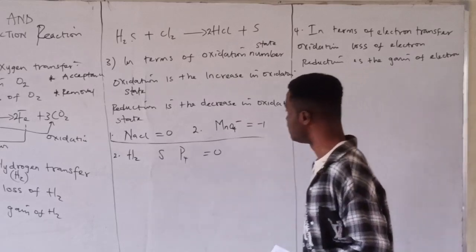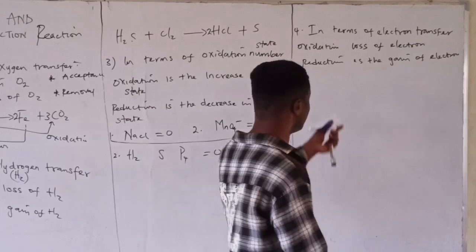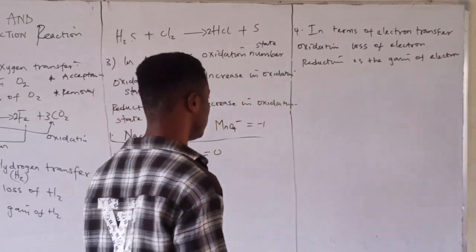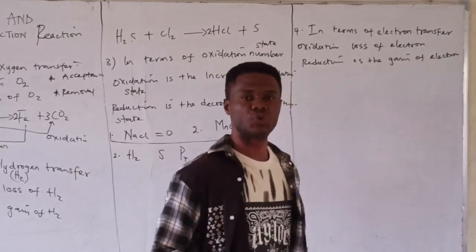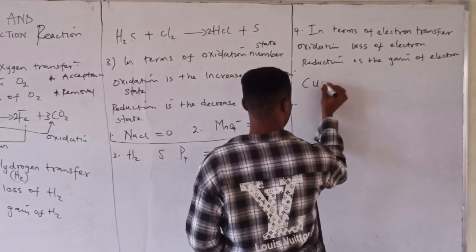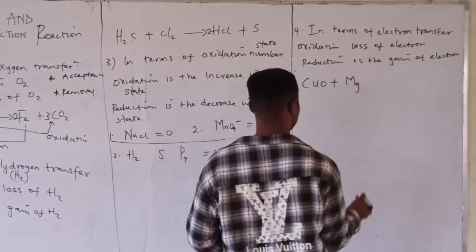So we are going to look at a few examples and see how oxidation and reduction occurred in that reaction. Let's look at the reaction between copper 2 oxide and magnesium.